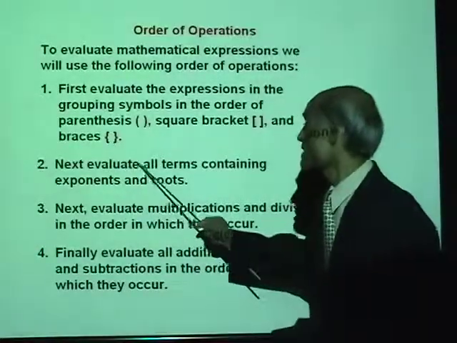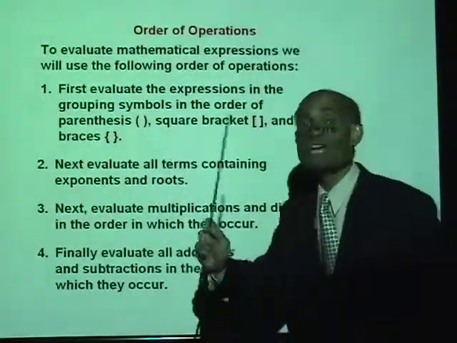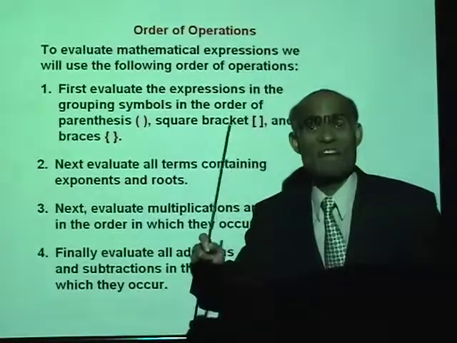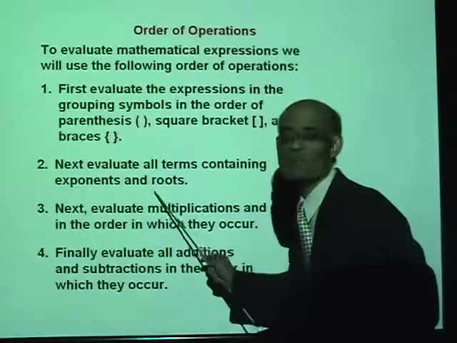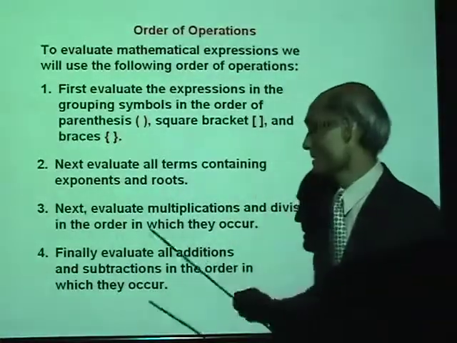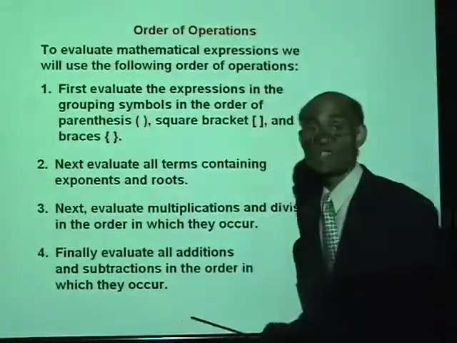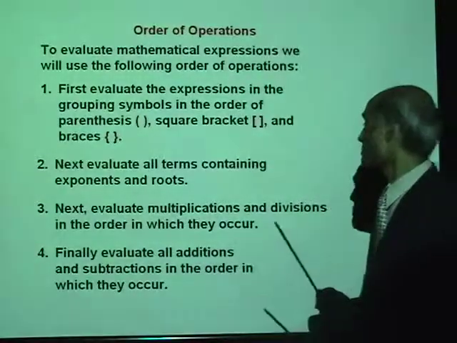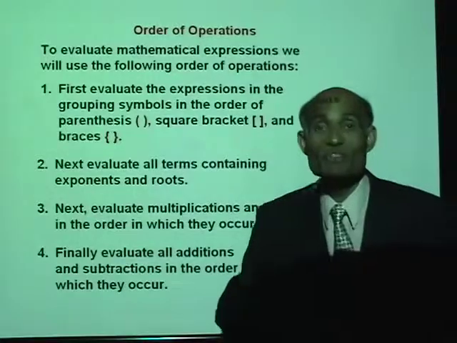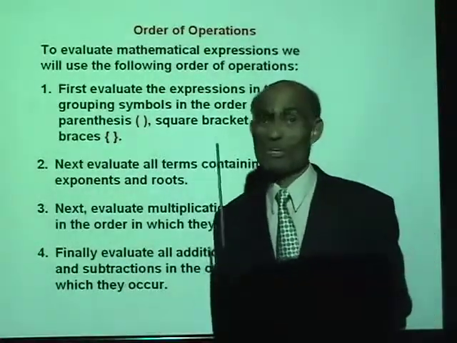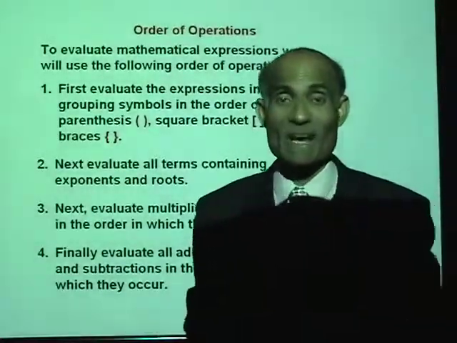Next, evaluate all terms containing exponents and roots. Now, you don't know what these are, so forget about that at the moment. And the third step, evaluate multiplications and divisions in the order in which they appear. Very often students go wrong here.